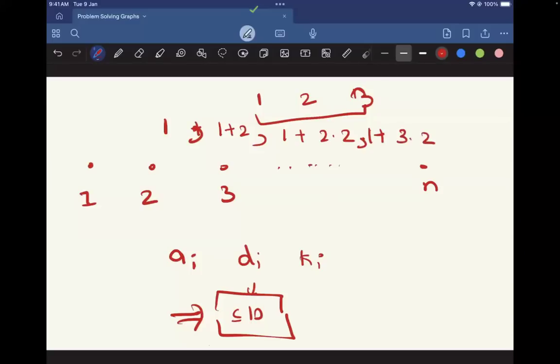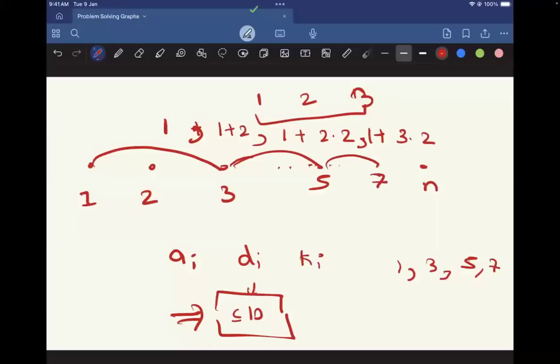Yes or no, guys? Basically, I would connect 1, 3, 5, and 7. Correct? So I would connect 1 and 3, I would connect 3 and 5, and I would connect 5 and 7. All right. So this is what we have to do. And in the end, we have to print the number of connected components.